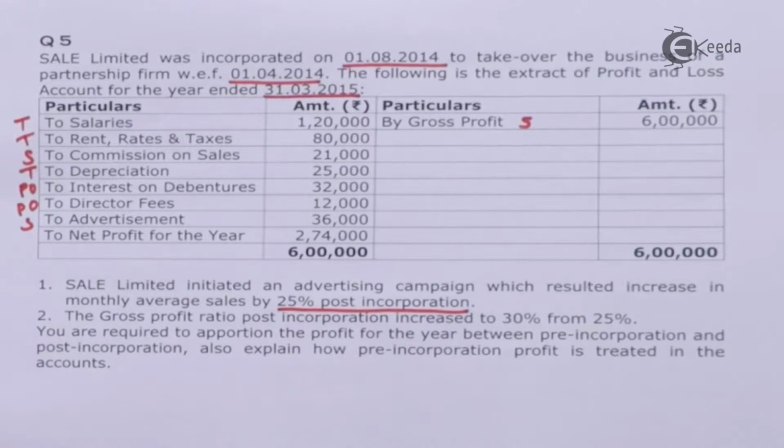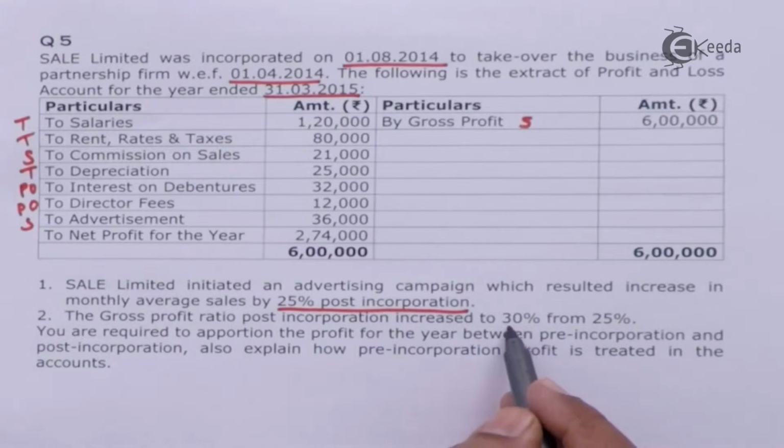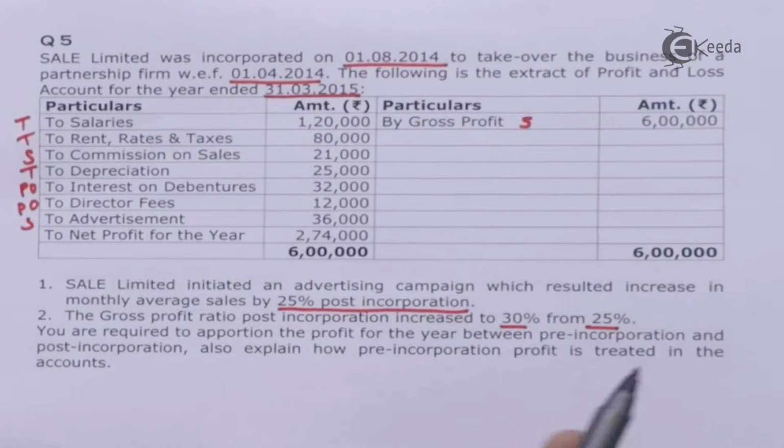So in post-incorporation period, your sales have gone up by 25% per month. So we will work out sales ratio with the help of this information. Gross profit ratio for post-incorporation period increased to 30% from 25%. Earlier it was 25%, now it is 30%.